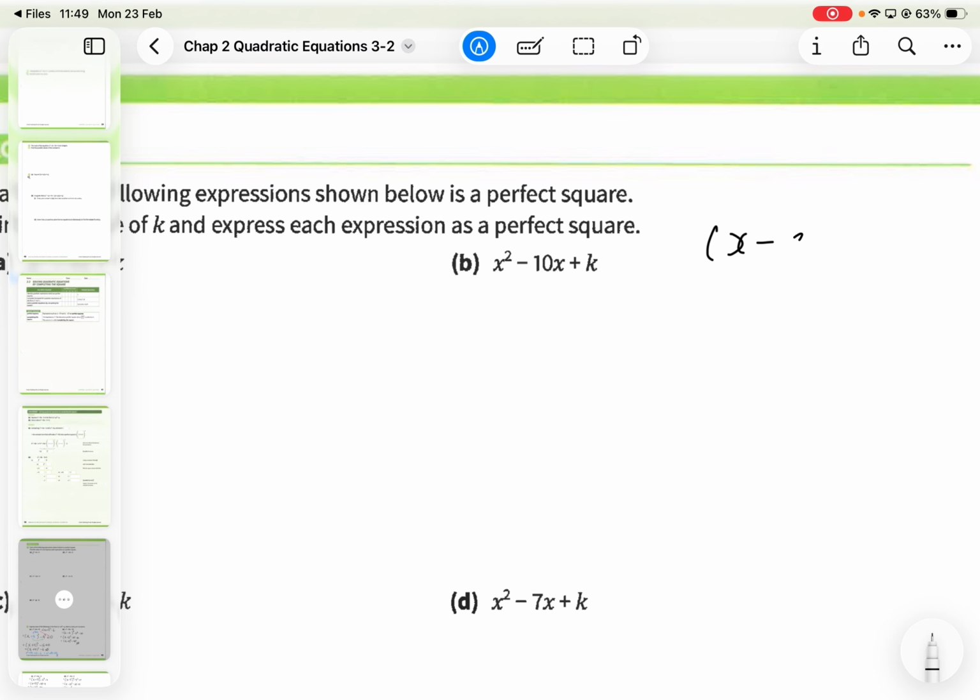Then last part, just press calculator. 0.828427 or 0.828, three significant figures.